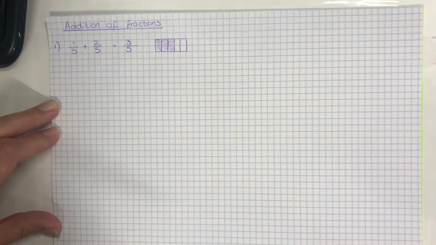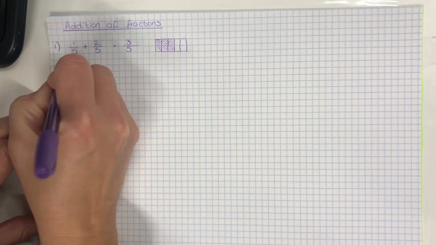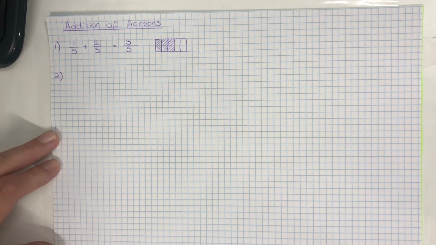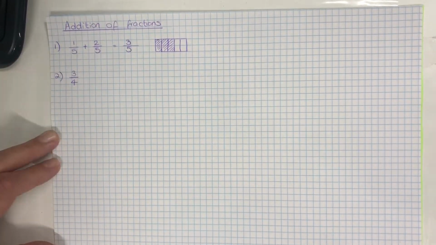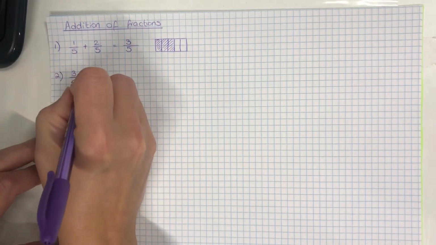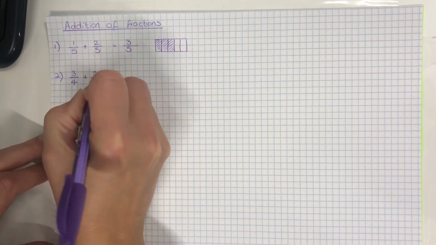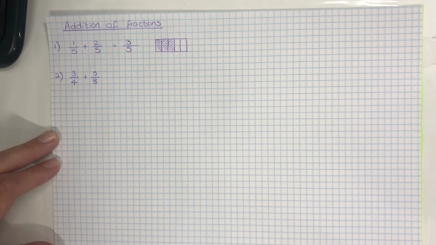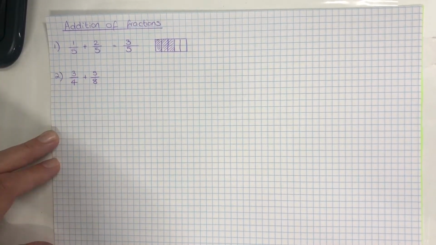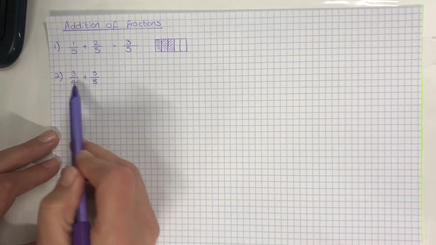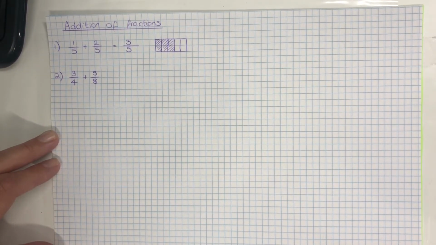However, if I have 3/4 and I need to add 5/8, I need to make the denominator the same. My pizza needs to be cut into the same number of slices.